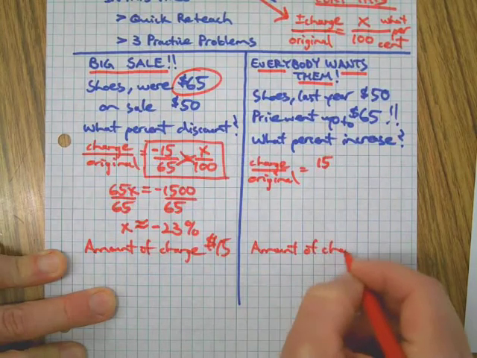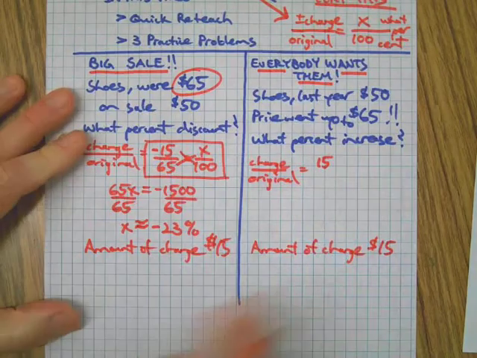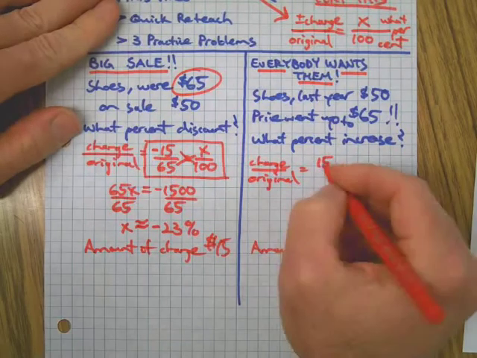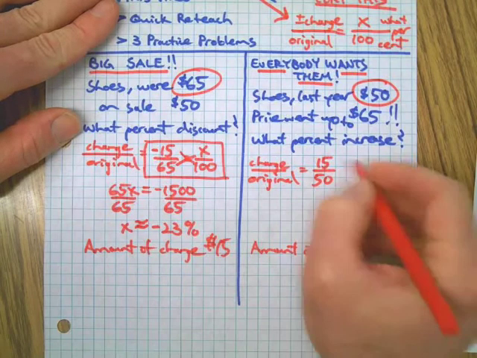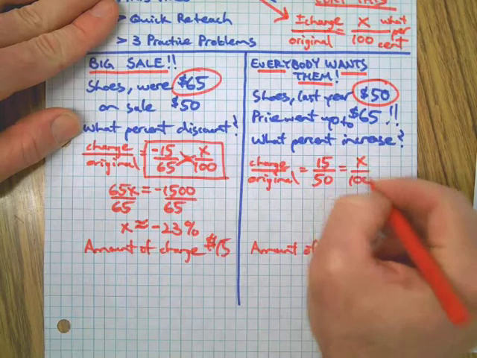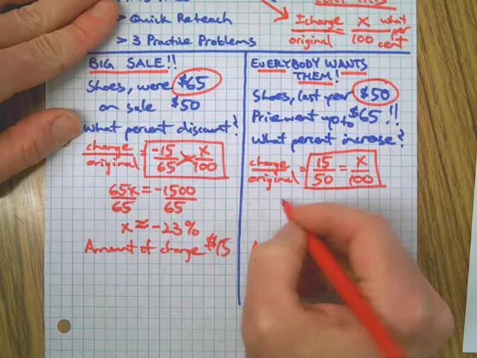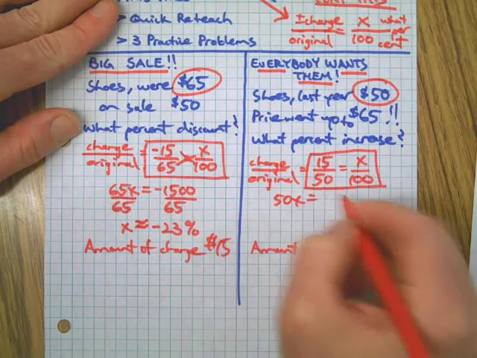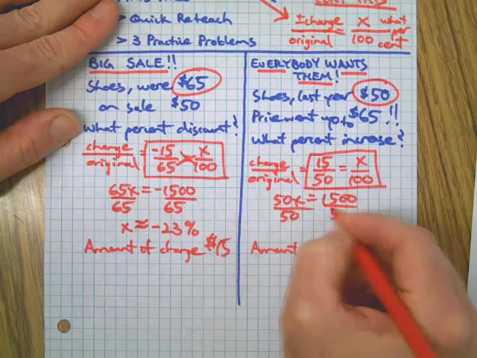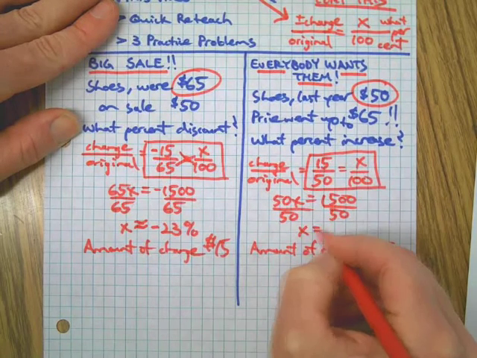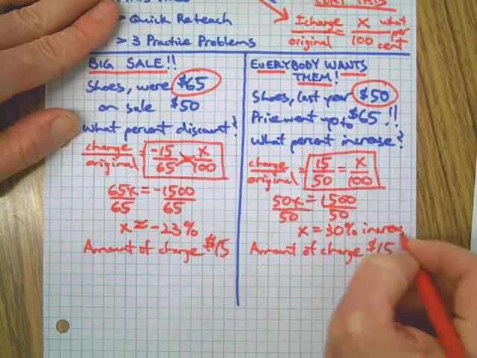That's a key point to help you understand why it's so important that you keep track of what the original amount was, or else we could end up with the same answer here, right? 50 last year, there's our original price. Okay, so here's our proportion set up correctly because we put change over original. We're going to cross multiply and solve. Divide by 50. And you can see that this time the price went up.